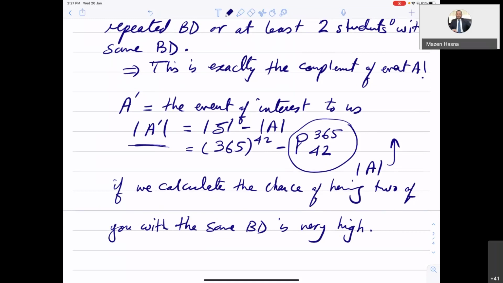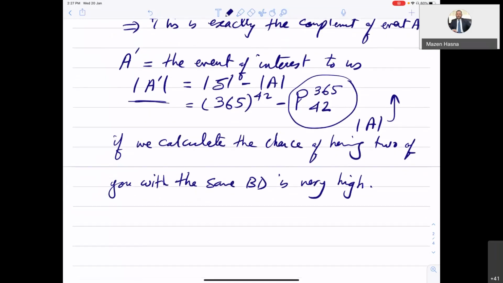I do not have the exact number. So one of you, please calculate, if you want to calculate the exact probability.